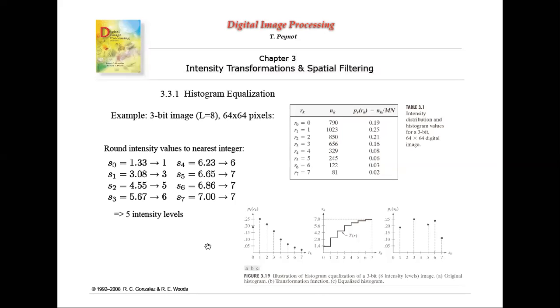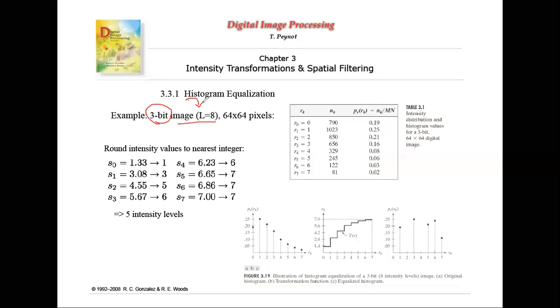Okay, now let us start. Here is an image. Listen carefully. What will be given in the input is a 3-bit image. When somebody says a 3-bit image, automatically the number of levels L shall be assumed as 2 to the power 3.